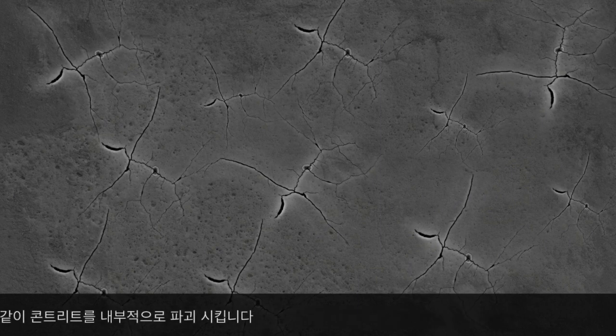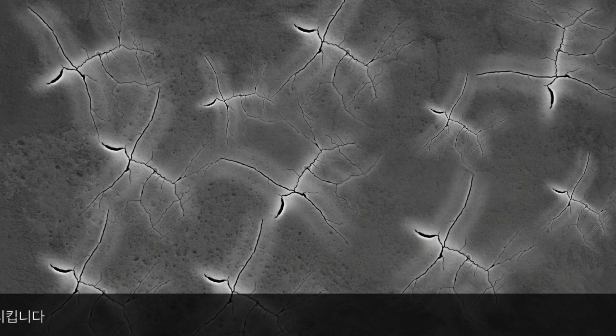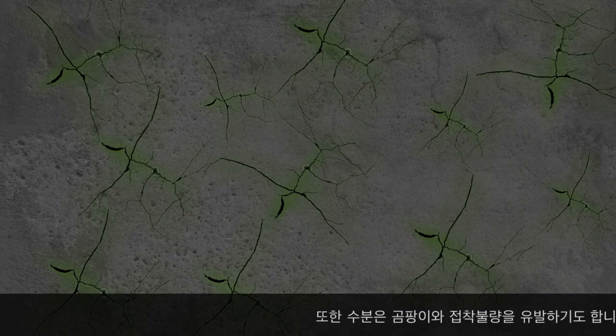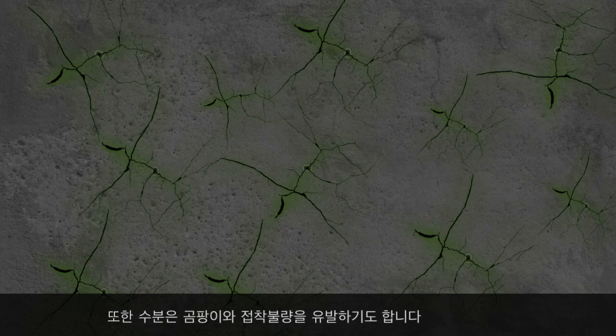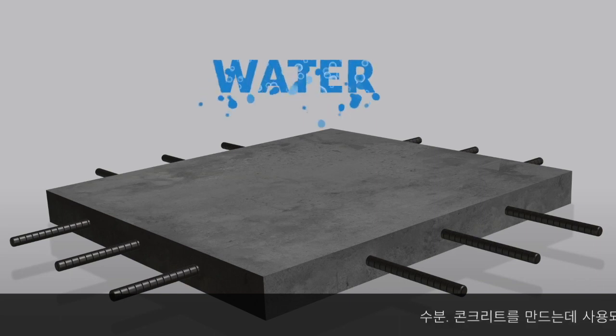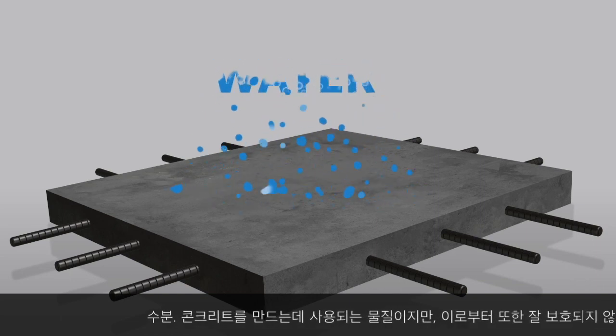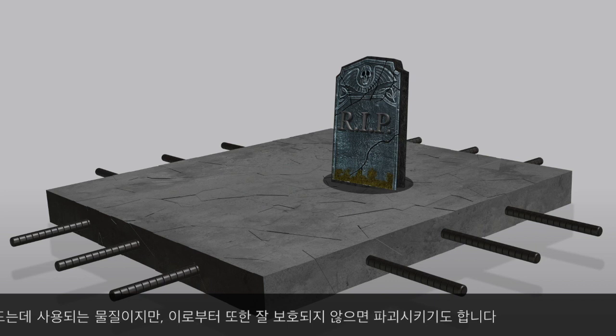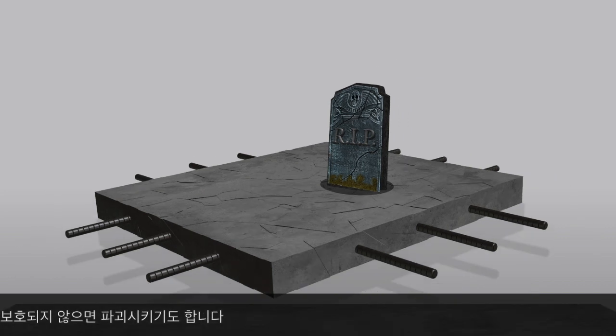This destroys concrete internally like a cancer. Moisture also creates flooring problems with mold and adhesive failure, attacking resilient flooring products. Water, the very element that gives concrete its life, can also destroy it if the concrete is not protected.